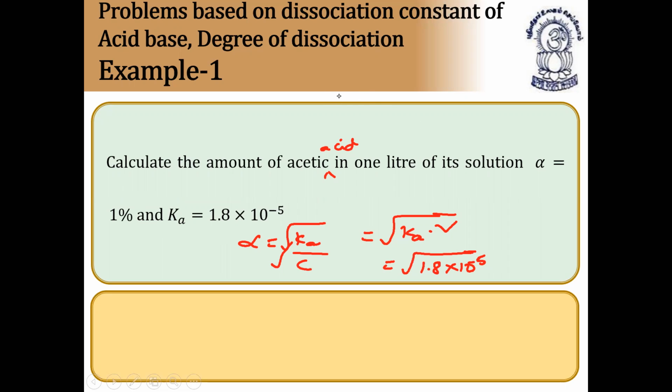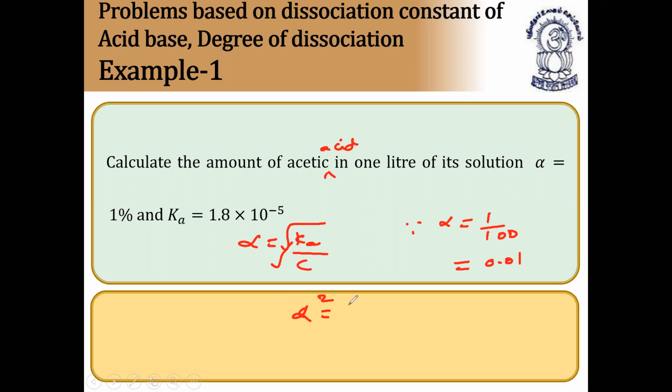Please note this down. They are asking us to find the concentration, and we know the alpha value is 1%. 1% means 1 by 100, so alpha is equal to 0.01. Simply squaring, alpha square is equal to Ka by C, which implies C is equal to Ka by alpha square, that is 1.8 into 10 to the power of minus 5 divided by alpha square, which is 1 by 100 whole square.